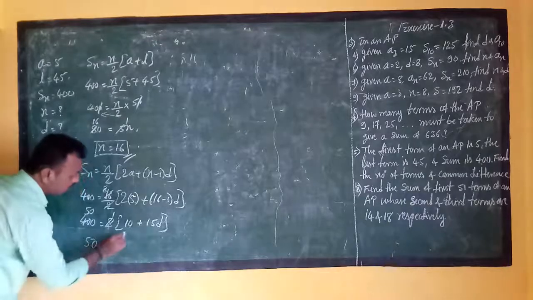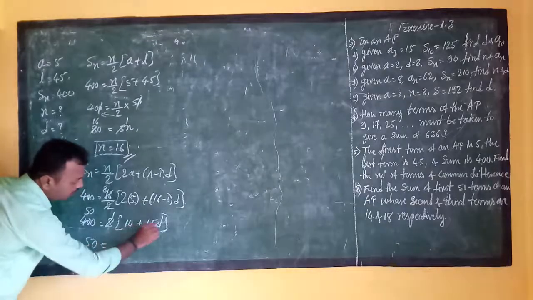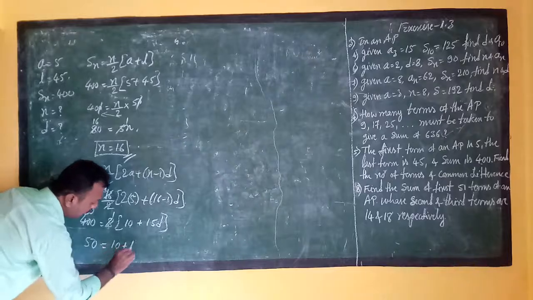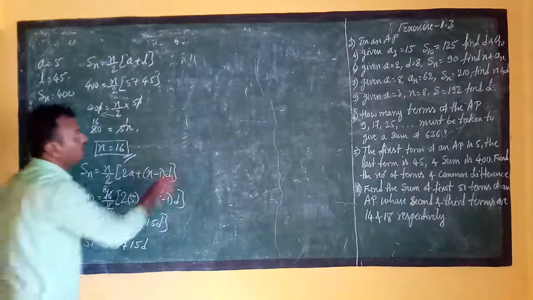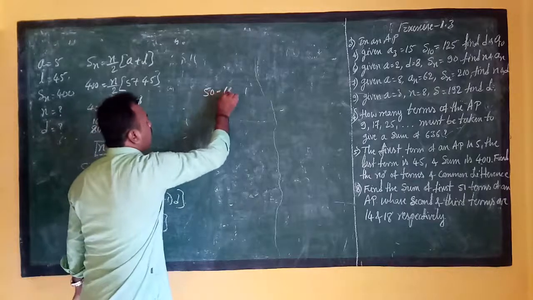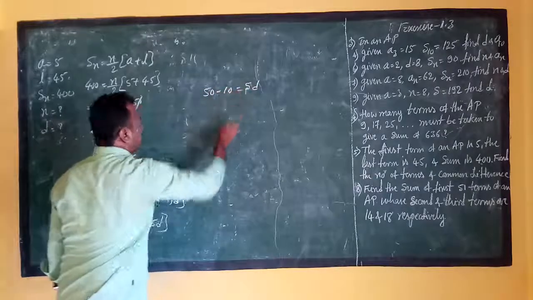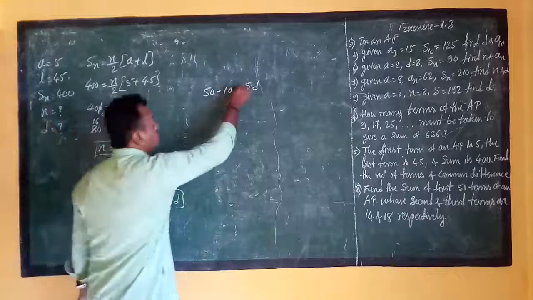So 50 is equal to 10 plus 15d, we have to write as it is. The 10 goes from here to the other side, it becomes 50 minus 10, which is equal to 15d.